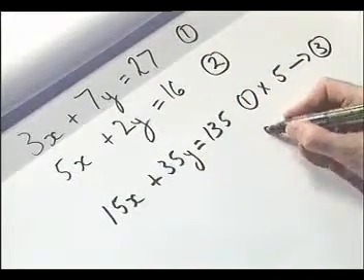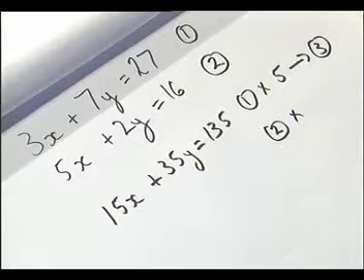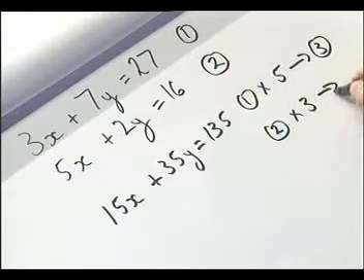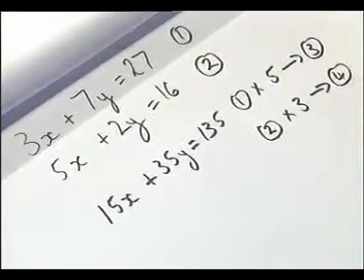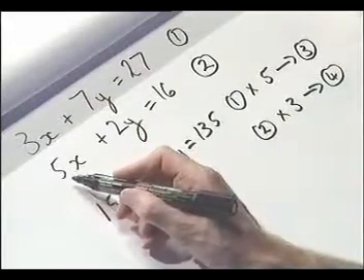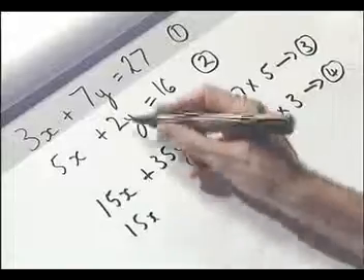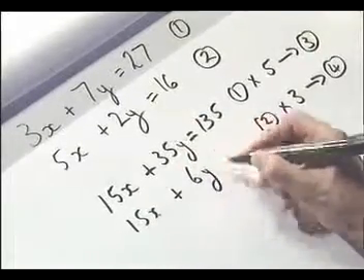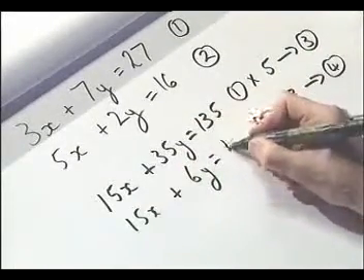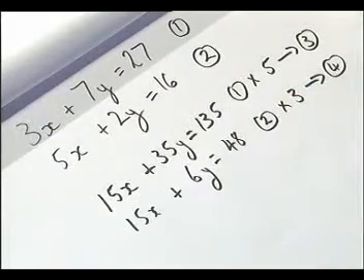And then equation 2, I will multiply by 3, and that will give me a new equation 4. So here we go, multiplying this by 3, 15x plus 6y is equal to 48.